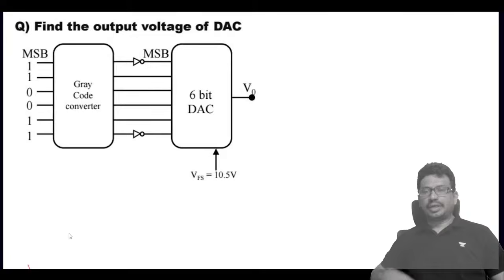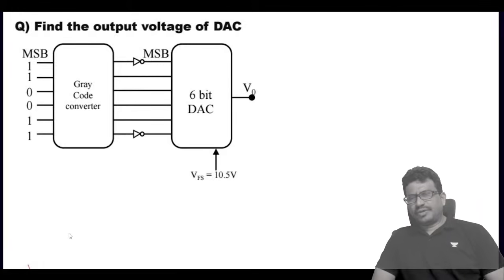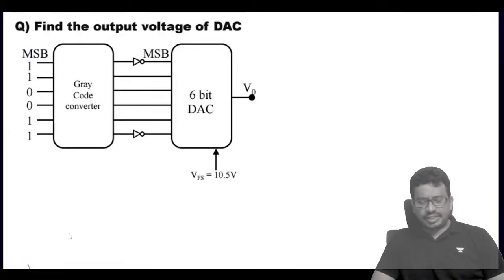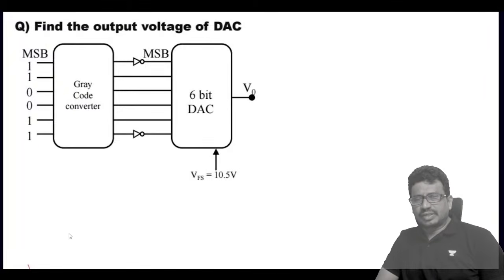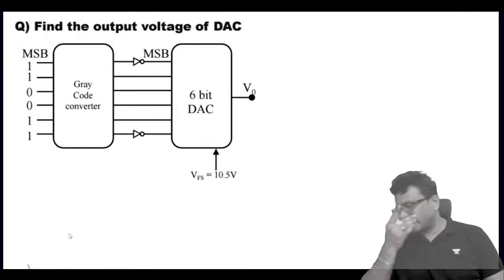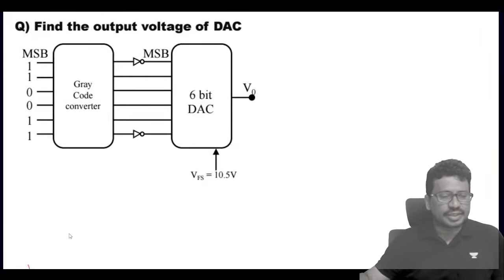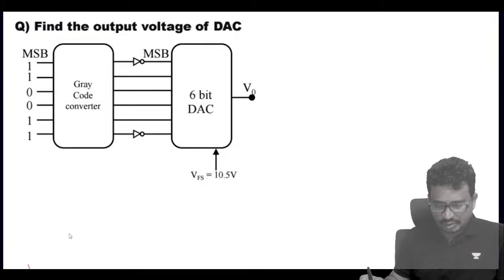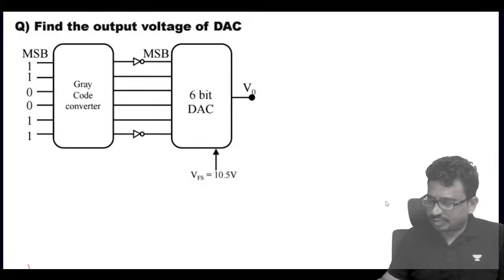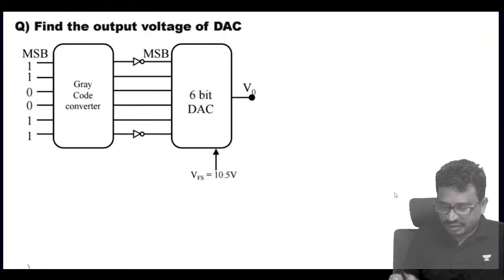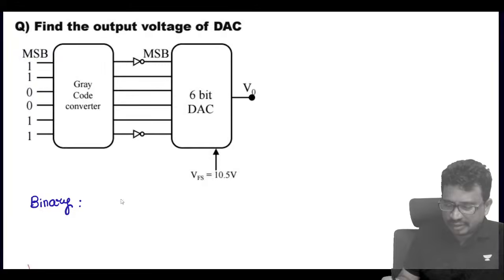Next, take this problem. Find the output voltage of the DAC. They have given a gray code converter. Binary is the input, and they applied a gray code converter. So tell me what the output will be. First of all, the binary code is given as 1 1 0 0 1 1. So first we need to get the corresponding gray code.